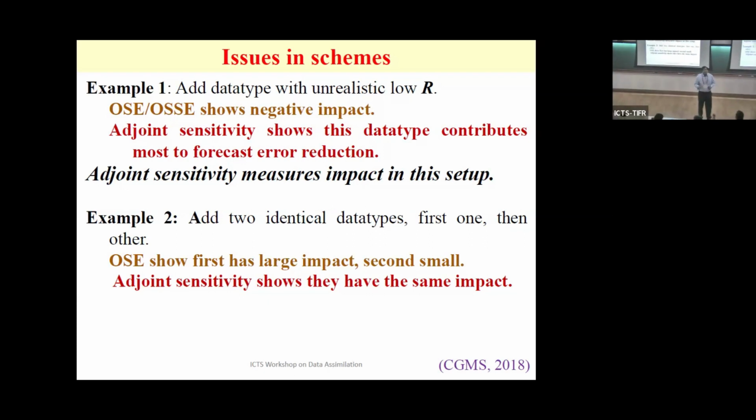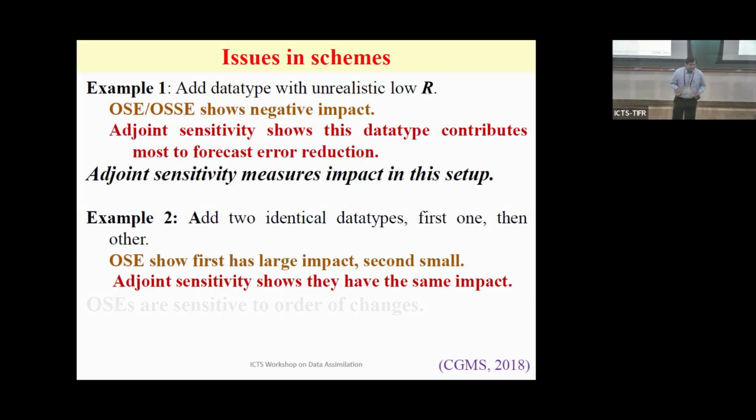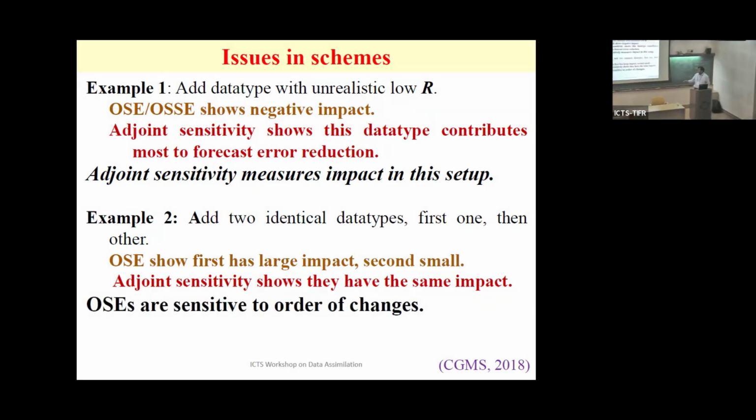Not only the different instruments, it will also tell what kind of measurements are required, whether you need more wind sensors or a temperature or moisture sensor. Observing system experiments are sensitive to the change of order. So if you assimilate similar kinds of information, then the first one will give an impact, and another will give a negative impact.